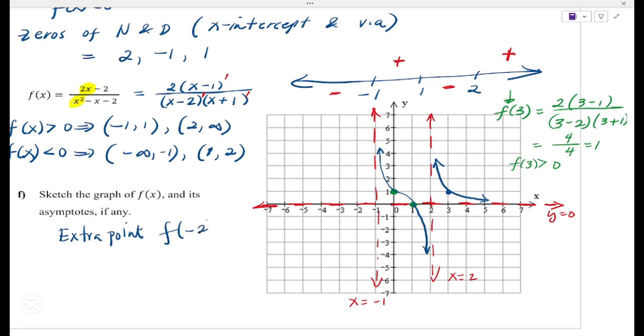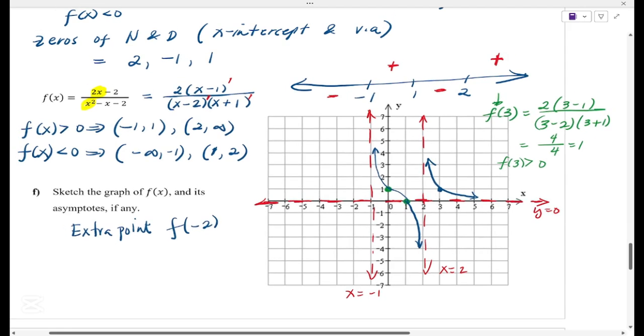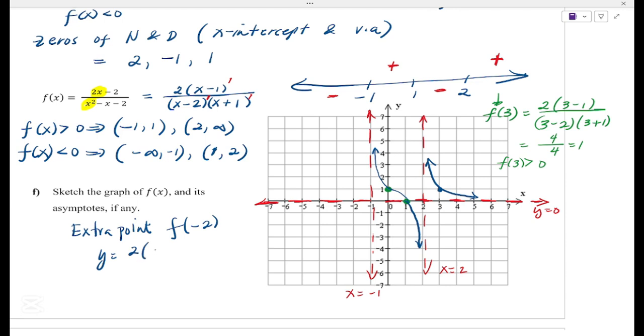f of -2. If we solve for f of -2, substituting here -2, we have y is equal to 2 times x, which is -2, then -1 over (-2 - 2), and then here we have -2 plus 1, just to get an extra point so that we will know where to pass the graph.